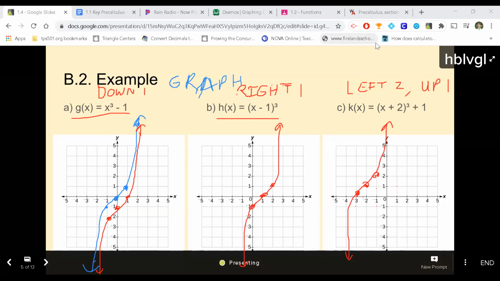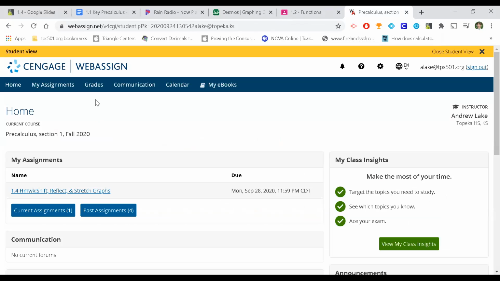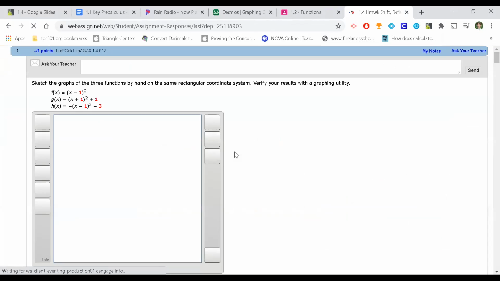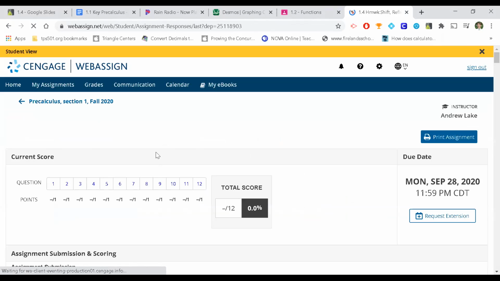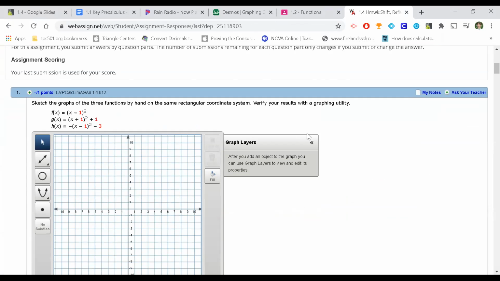Let me see. Are we good to clear and move on, or does somebody need more time? Okay. Let me show you something. I just want to make sure that this works the way that I think it will work. So on the homework, for sketching the graphs of the functions, these are all quadratics.